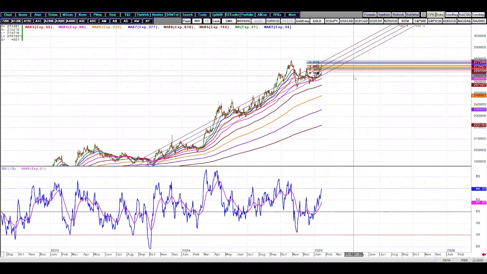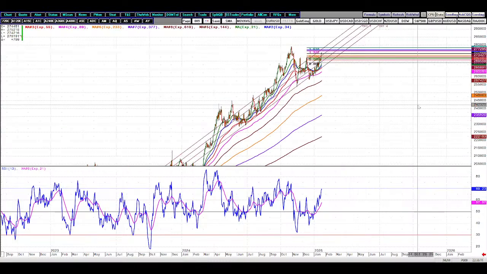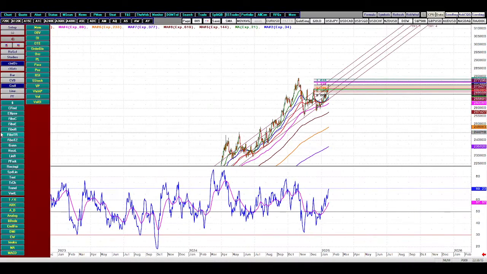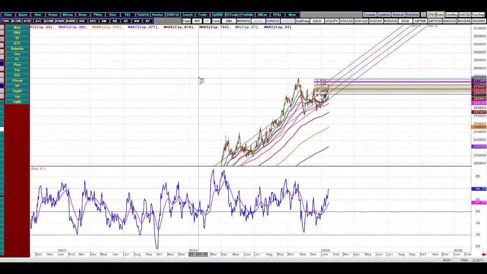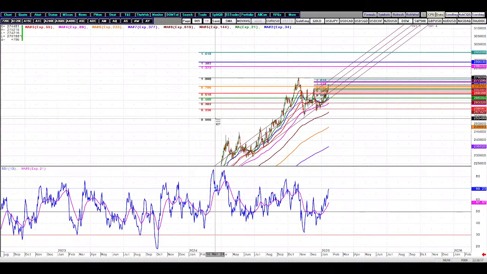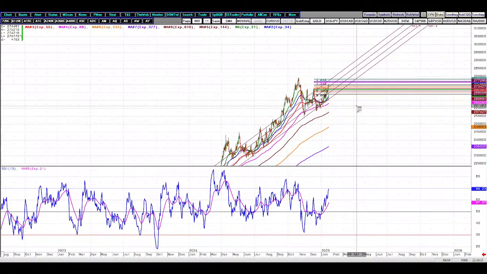So be very careful on this, because if your previous high can break, the next levels we can see are towards 2862, 2890, or even 2950. So we've got to be very careful. Best to buy and hold.